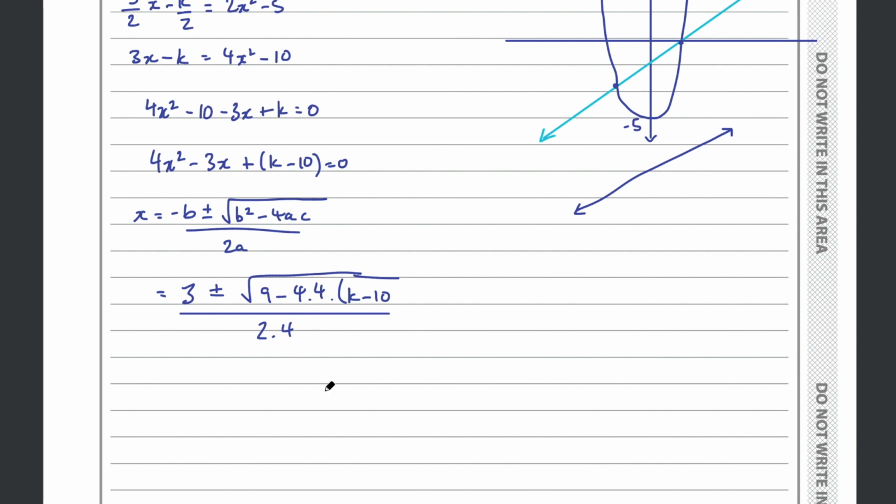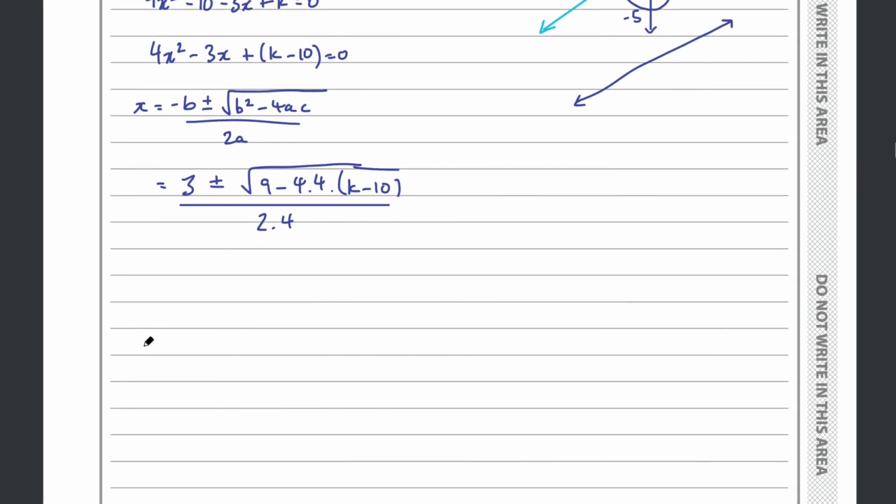Okay, so what do you know about the discriminant of the quadratic formula? You know that it has to be positive for there to be real solutions to this quadratic. So we can take this discriminant in here, this 9 take 16 times k take 10, and say that must be greater than 0 for this line to cut this quadratic.